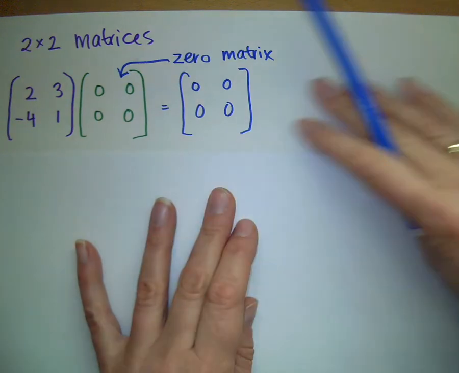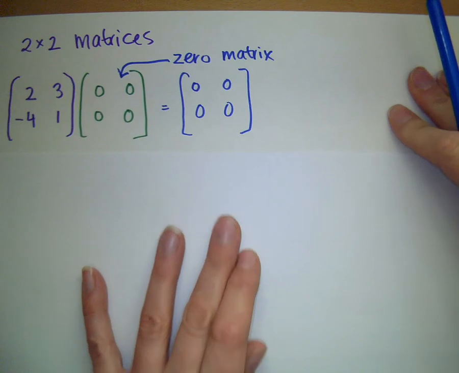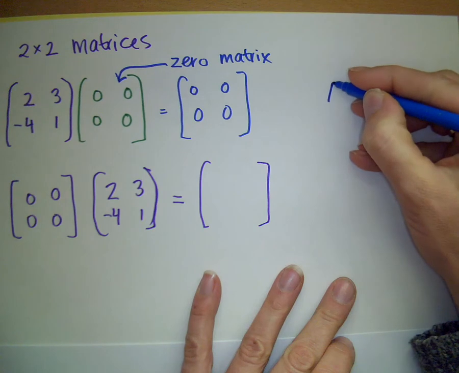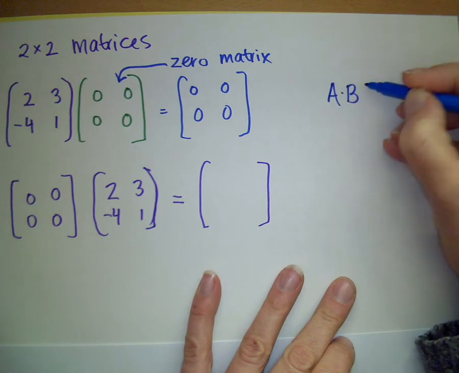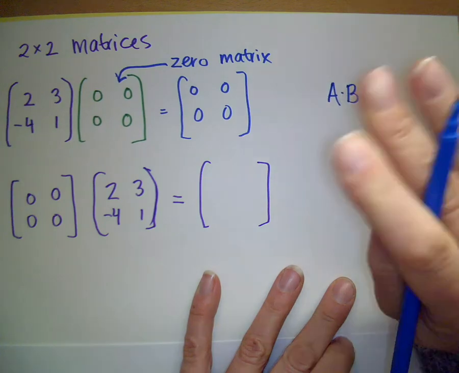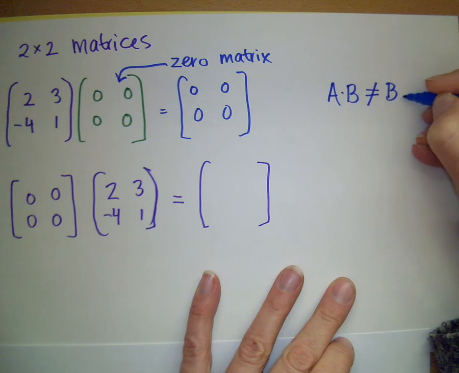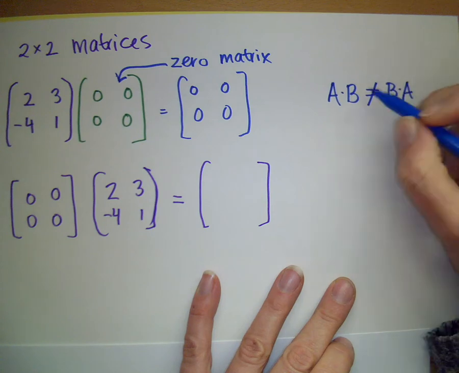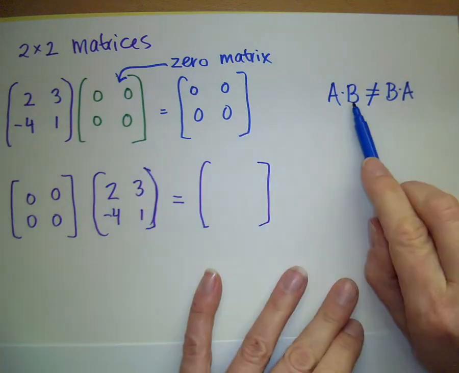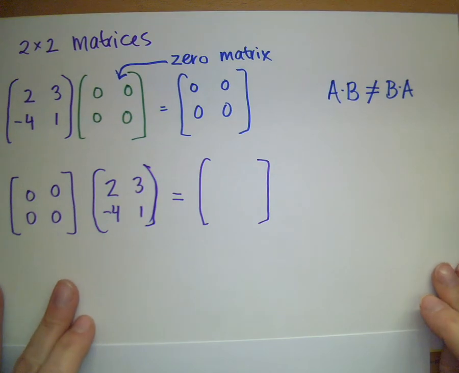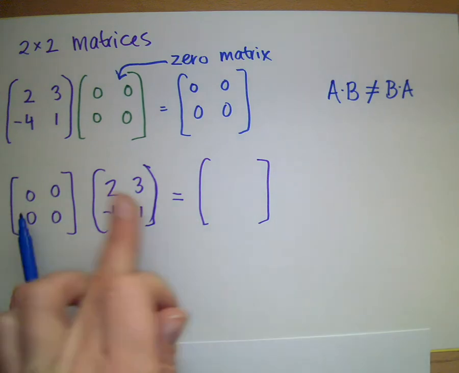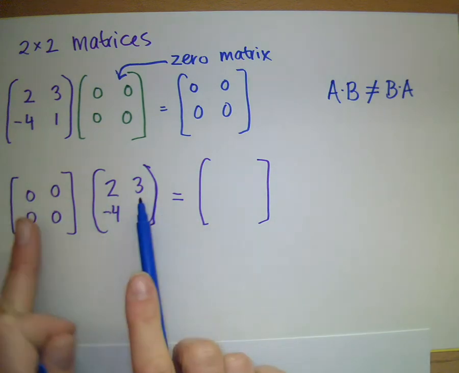One cool thing about the 0 matrix is that, remember how we said if we have 2 matrices, matrix A and a matrix B, matrix A multiplied by matrix B is not the same thing necessarily as matrix B times matrix A. In this case, when one of the matrices is a 0 matrix, we can switch the 0 matrix and the other matrix.